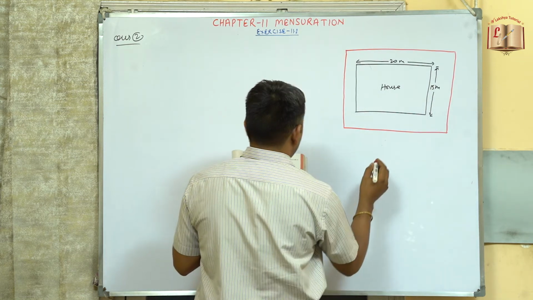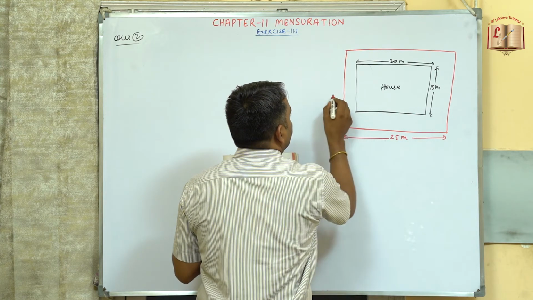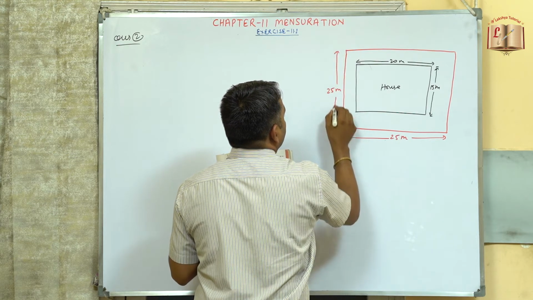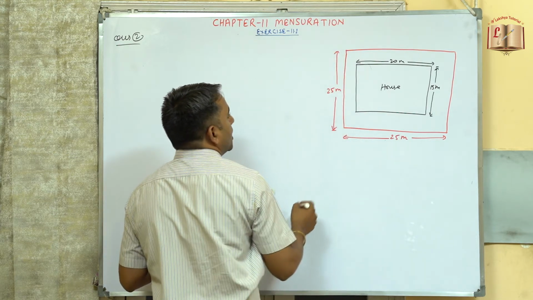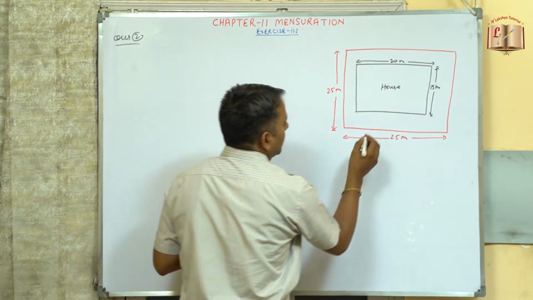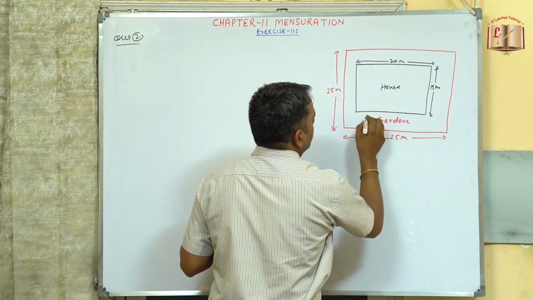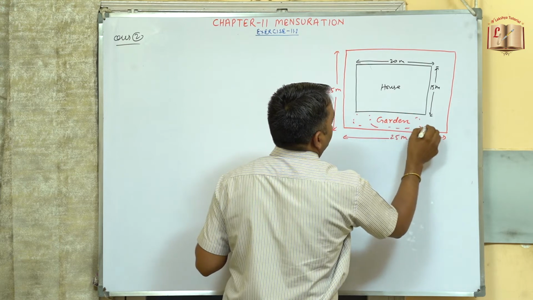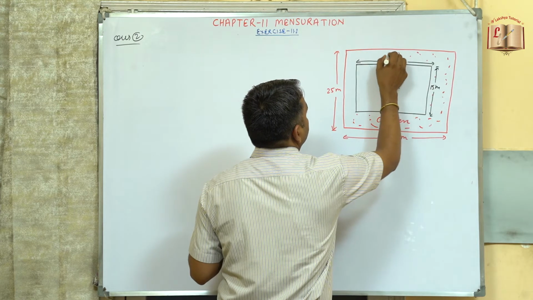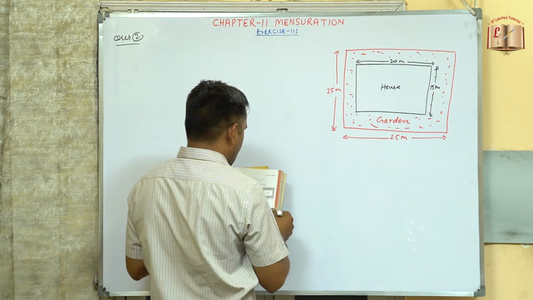So these dimensions they are given as this is 25 meters and again this is 25 meter. So this is a square plot. So the dimensions are given to us. Now we need to find out the area of the garden. So this is garden given to us. So we need to find out area of this complete garden.